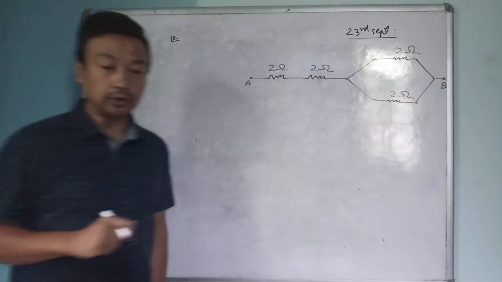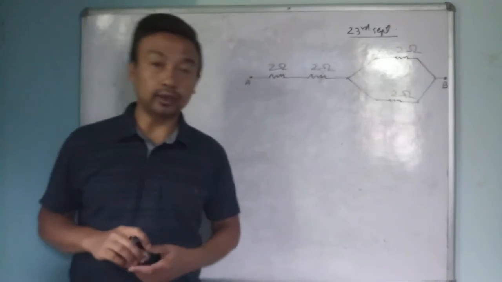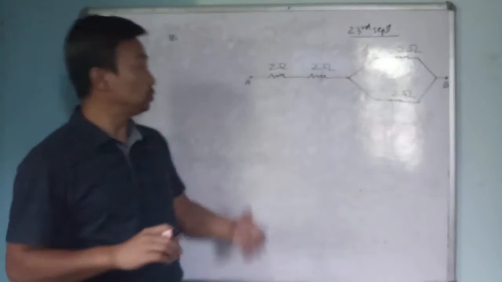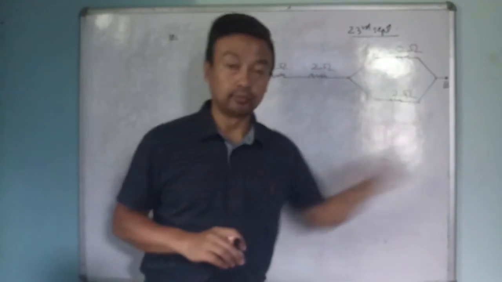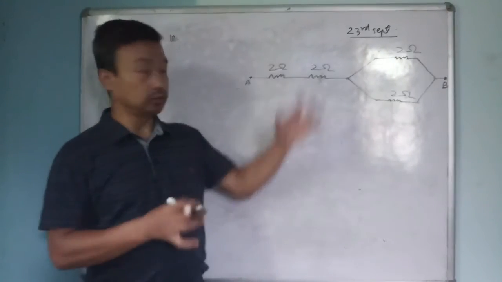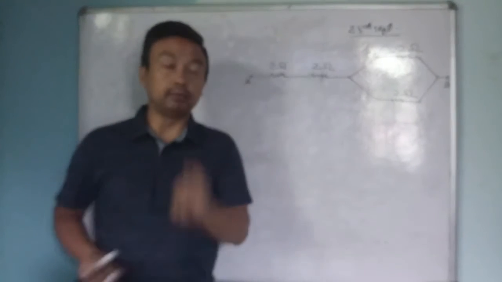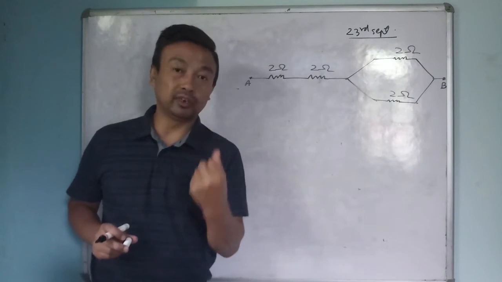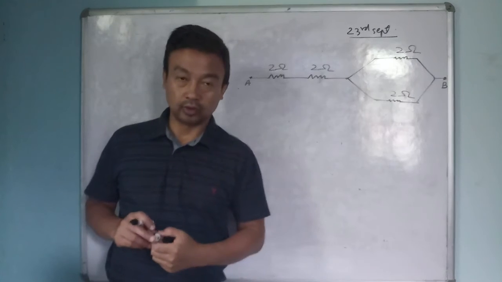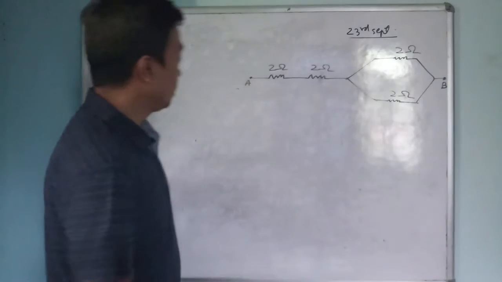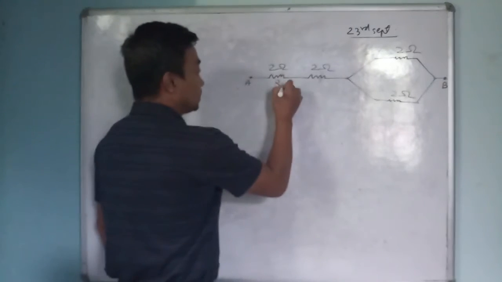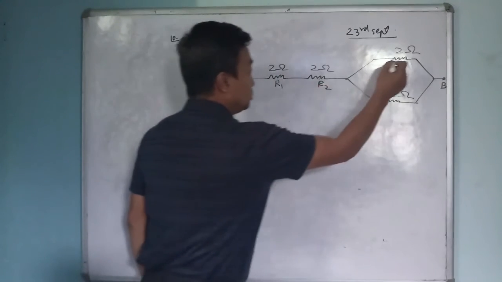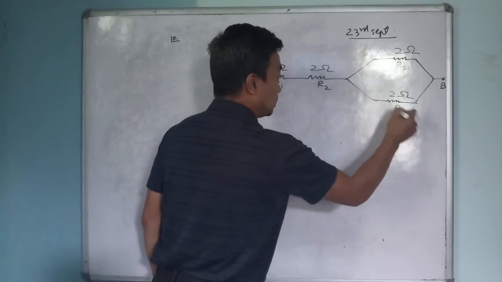Now you have to find the equivalent resistance between the points A and B. That means the 4 resistors you have to reduce and make into a single resistance, and that will be your equivalent resistance. Let us name these R1, R2, R3, R4.